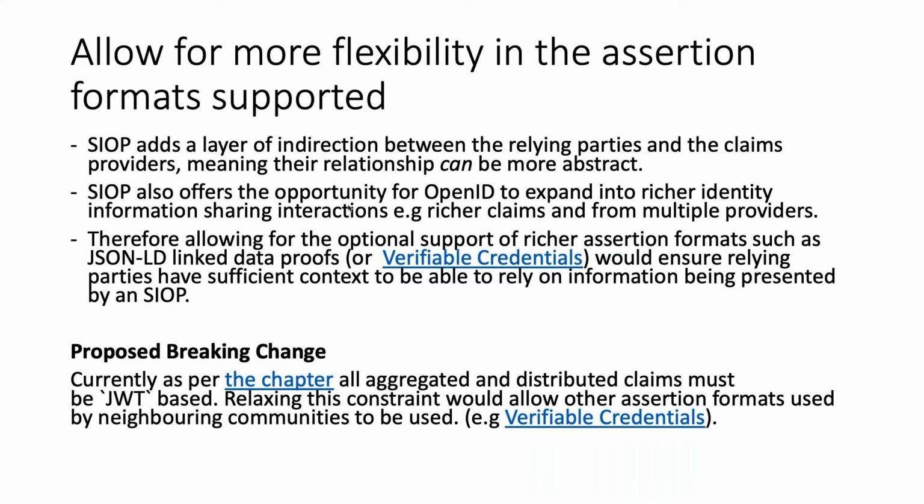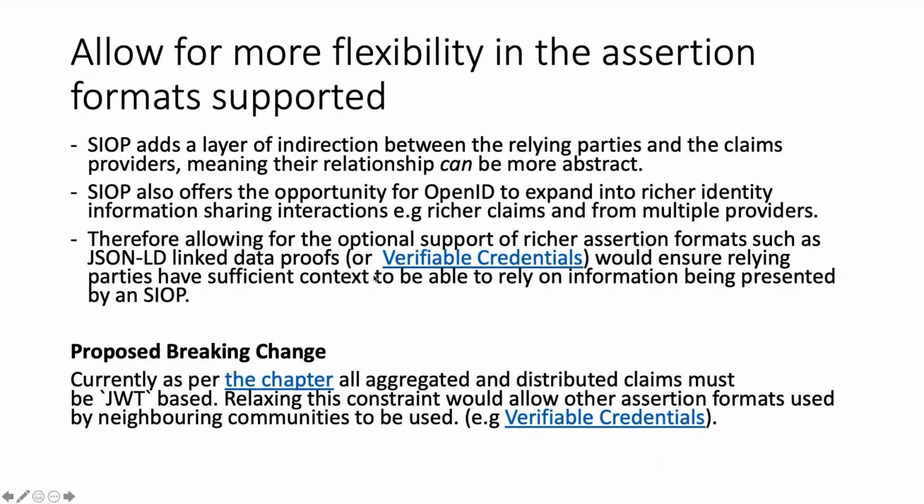And there's a cohort around neighboring communities that are using alternative assertion formats, such as verifiable credentials and linked data proofs. And these offer what I would call richer assertions. They carry more information with them about the claims being presented, and they could definitely help to potentially facilitate the necessity for the relying party to completely understand the claims that they are relying upon.